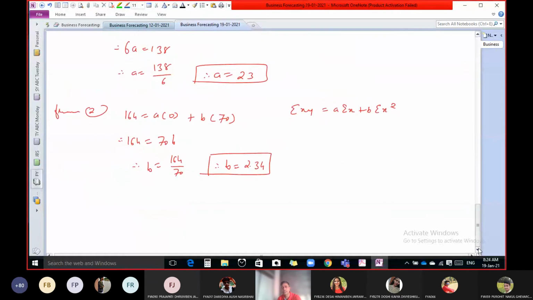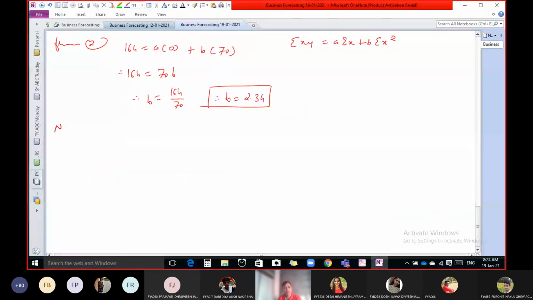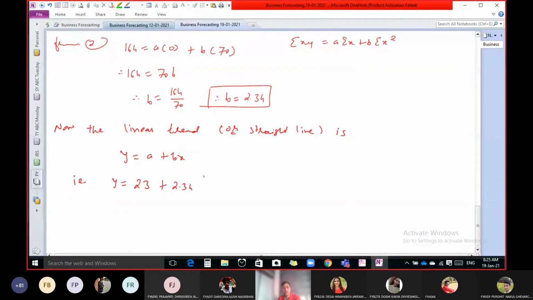Substitute these values in the equation. So the linear trend, or the straight line, is y equals A plus Bx, that is y equals 23 plus 2.34 times x, where x is 2 times year minus 1992.5.